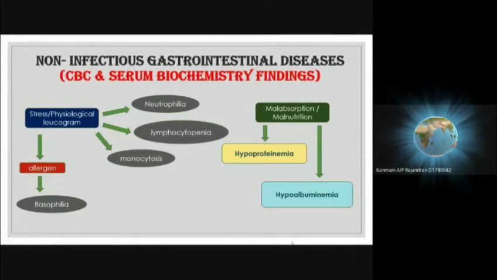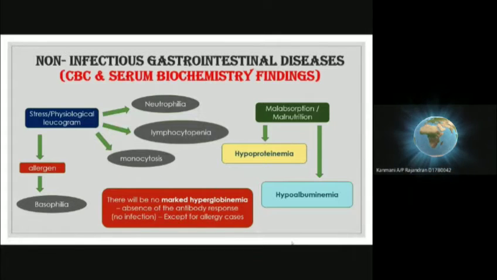Non-infectious gastrointestinal disease will usually cause malabsorption or malnutrition, which can cause hypoproteinemia with hypoalbuminemia due to the malabsorption of nutrients by the intestine. And to be noted here, there will be no marked hyperglobulinemia in non-infectious gastrointestinal disease because there is an absence of antibody response.